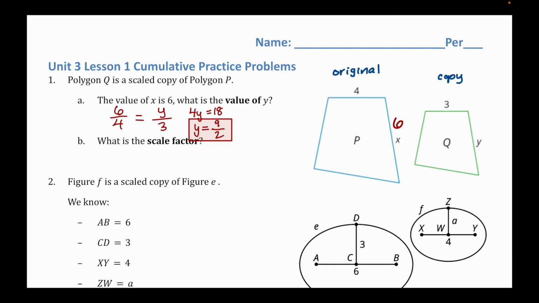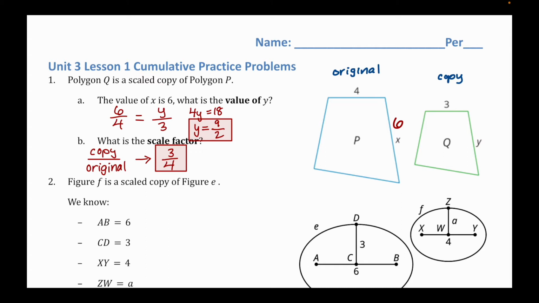So that means we're going to basically do copy divided by original. That is going to give us a scale factor of 3 over 4, because it basically is going to tell us how to get the copy if we had the original size of the original shape.